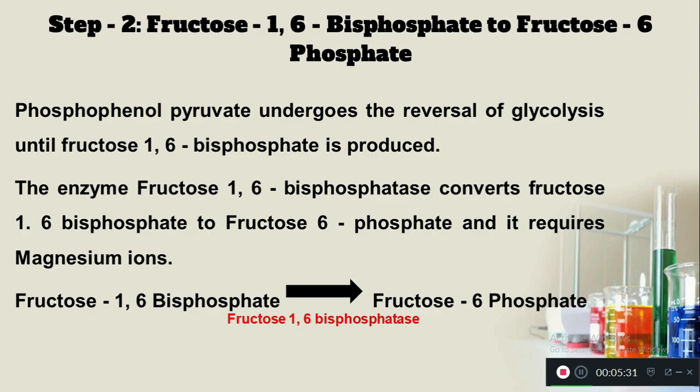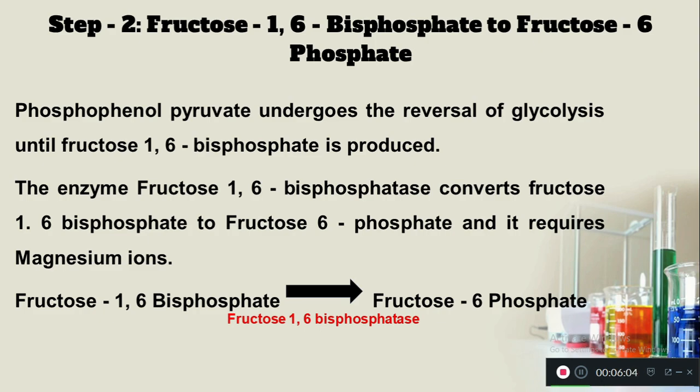Okay, now the phosphoenolpyruvate will undergo change, and it comes to fructose 1,6 bisphosphate. This fructose 1,6 bisphosphate will be converted into fructose 6 phosphate.